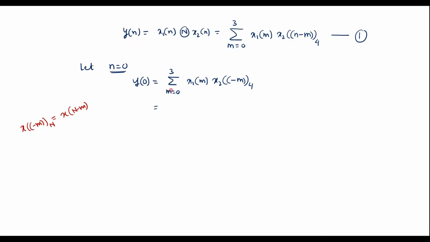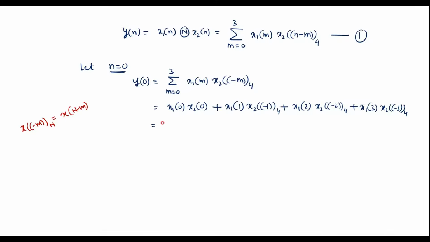So let me simplify this further. I can expand the summation for different values of m. Substituting m equal to 0, I'll get x1 of 0, x2 of 0, plus, substituting m equal to 1, x1 of 1, x2 of minus 1, plus, substituting m equal to 2, x1 of 2, x2 of minus 2, plus x1 of 3, x2 of minus 3.